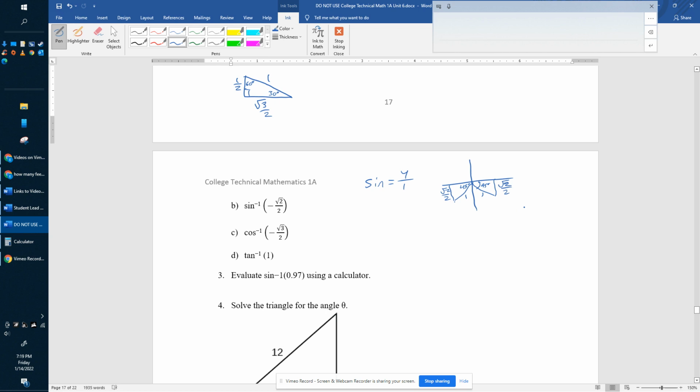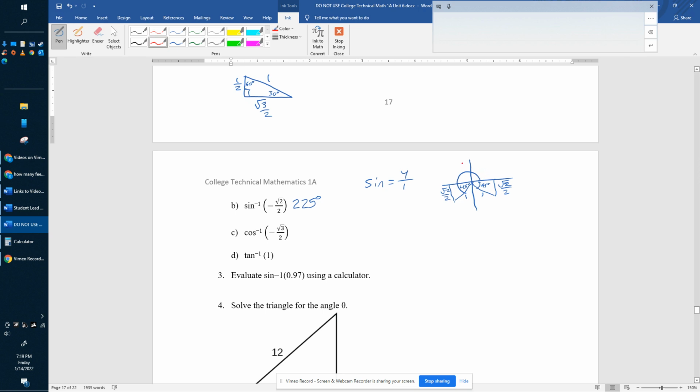So the inverse sine of negative square root of 2 over 2. It could be either of these angles. Remember, our angle starts at standard position. It starts right here and goes counterclockwise. So it's going to be 180 plus 45. So what's 180 plus 45? 225 degrees. That's our first angle. What about the other angle it could be?